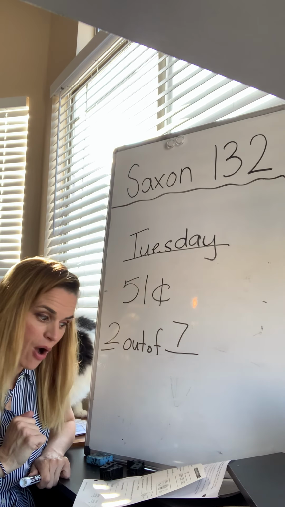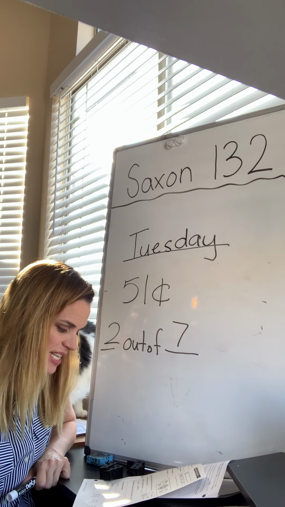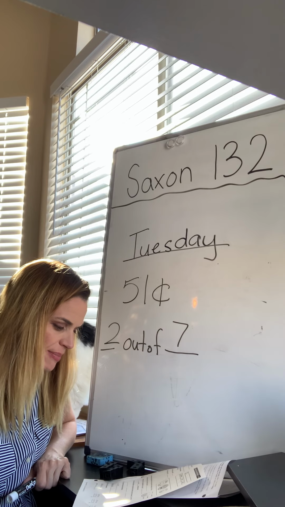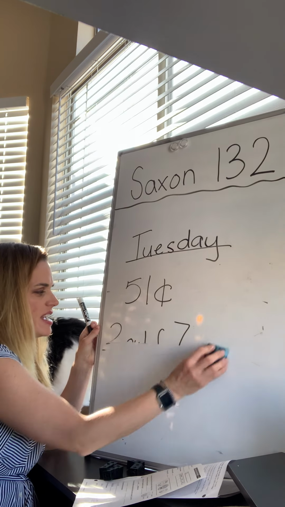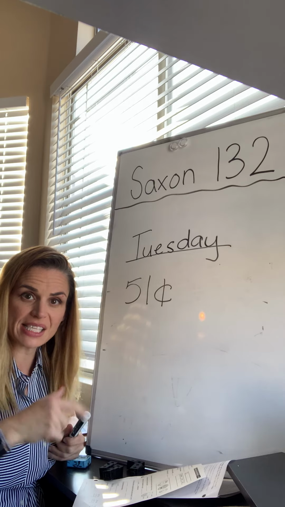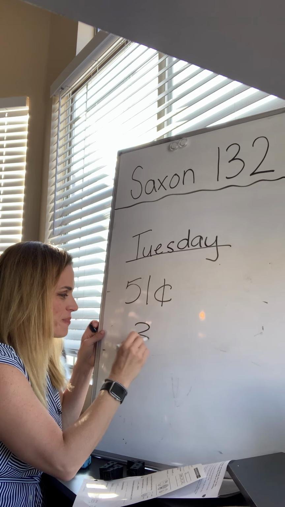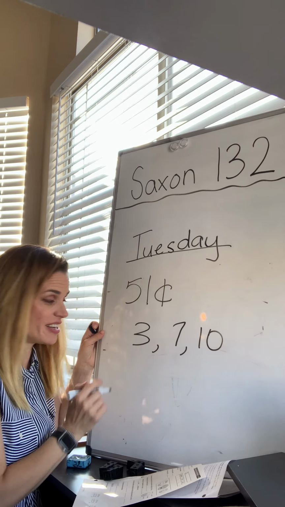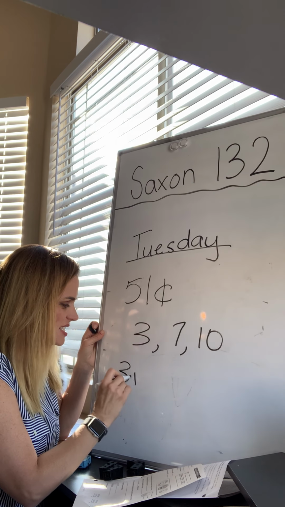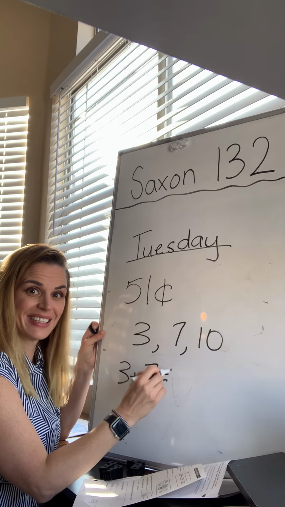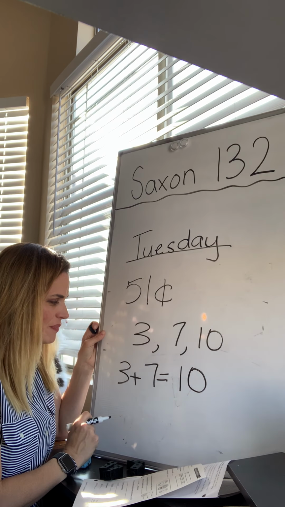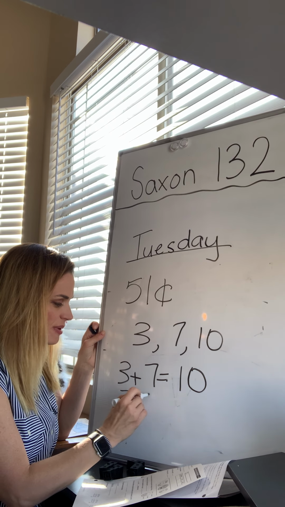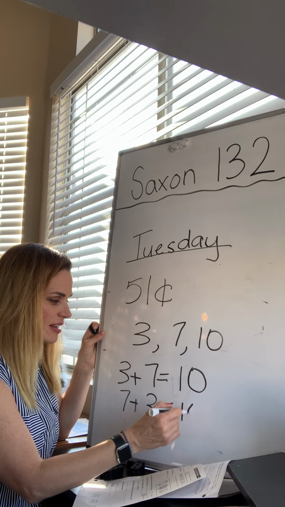All right, great job. Ooh, look at number 4. Did you see write in addition and subtract? Using the numbers 3, 7, and 10. Oh, we've got this. We know how to do this. 3, 7, addition. 3 plus 7 equals 10. 7 plus 3 equals 10.